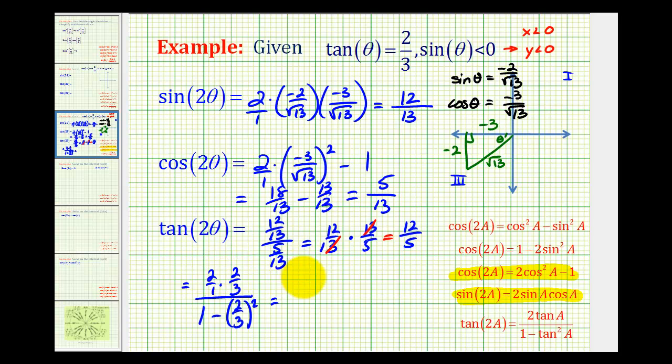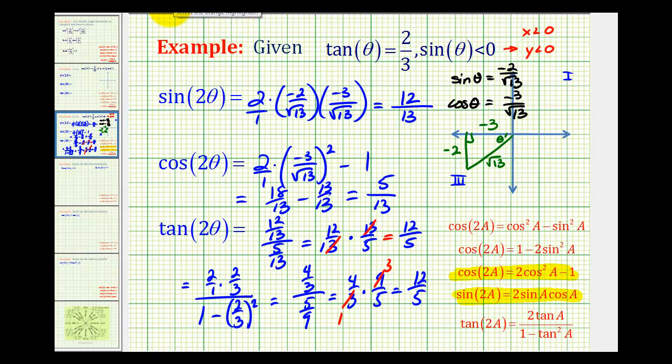So we'd have 4/3. This is going to be 1 minus 4/9, which will be 5/9. Writing this as a multiplication problem, we'll have 4/3 times 9/5. This simplifies, and of course the result is the same. This is 12/5 for tangent 2 theta.